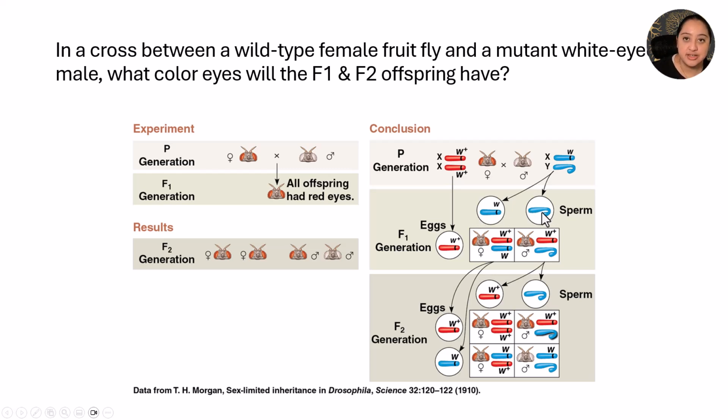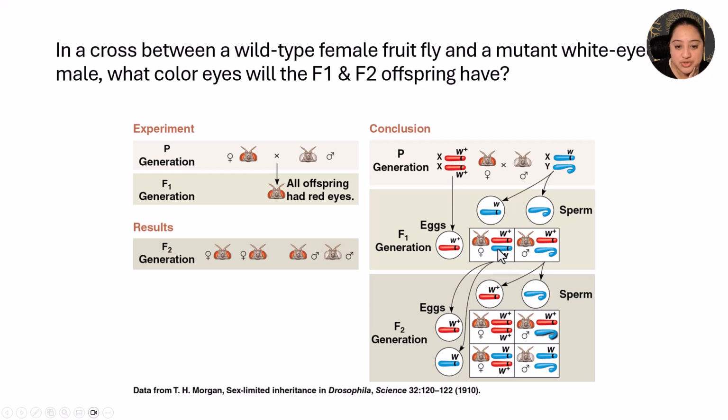Because again, gametes are haploid. So it's kind of like 50-50 what this gamete can end up with. And then in this fertilization, because again, Punnett squares are representing fertilization and the zygote in that potential combination. So here is a red-eyed female because this gamete happened to get the X chromosome from each one.